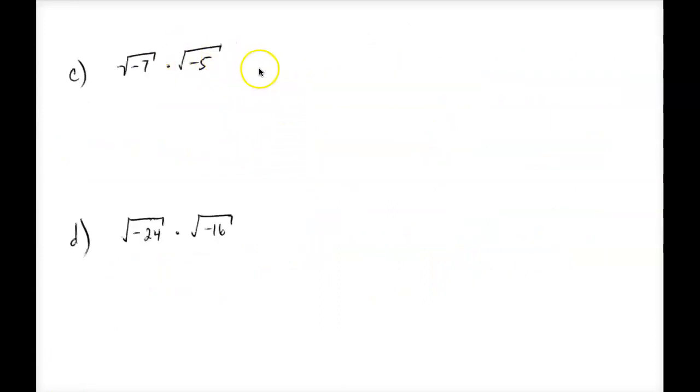Looking at our next set of examples here, we do the same thing. Have square root of 7 times square root of -1 times square root of 5 times square root of -1. Of course, square root of -1s end up being i's.